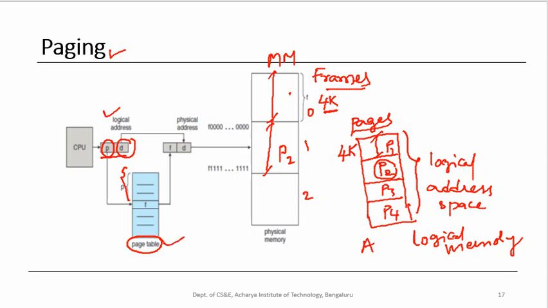I'll explain more about the page table in the subsequent slide. D is called displacement. Here P is the page number and D is displacement.